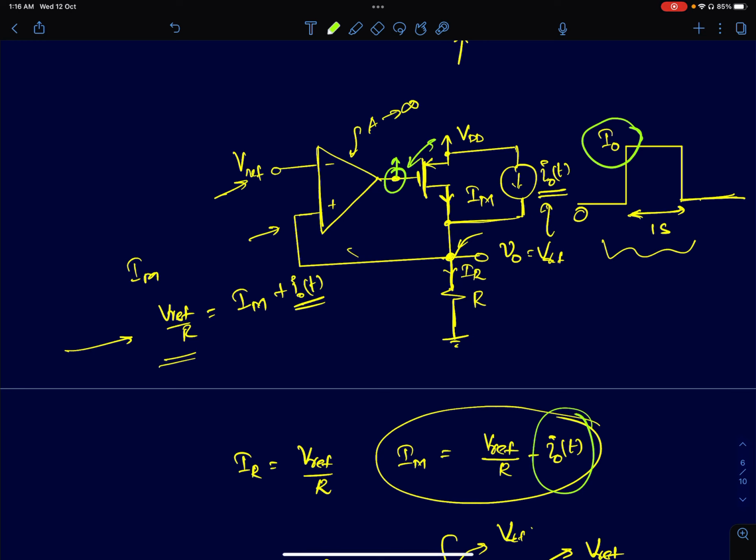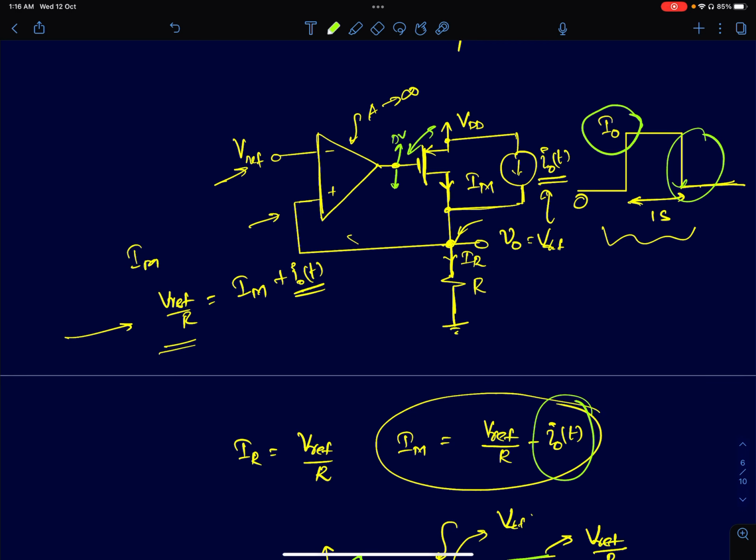Now, when I0 of t becomes 0, again feedback will kick in. Once feedback kicks in, the gate voltage will come back to its initial value. It will decrease. So there was a positive change previously, now there will be a negative change. The gate voltage will decrease and come back to its initial value when I0 of t was 0, when your IM was equal to Vref by R.